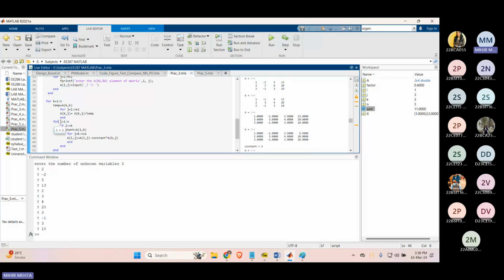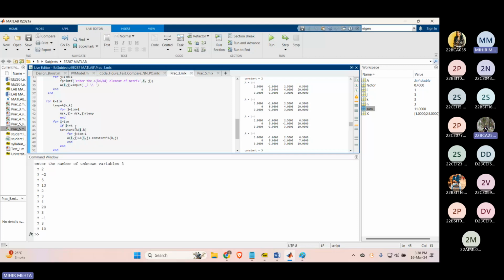If I further increment i, now my value of i is 2. Now my i and k values are different: i is 2 and k is 1. So if that is not equal, which is my case, the constant value is a2,1.